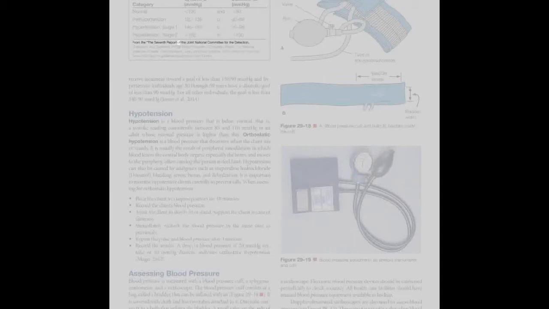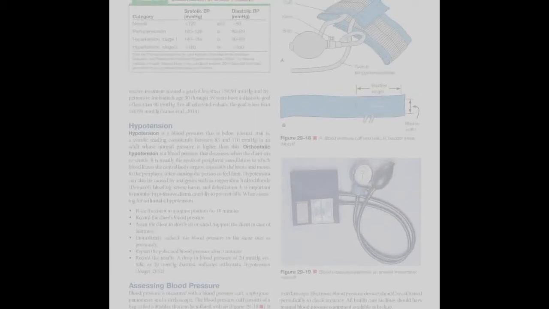From the 7th report of the Joint National Committee for the Detection, Evaluation, and Treatment of High Blood Pressure, complete report by National Institutes of Health, National Heart, Lung, and Blood Institute, 2004. Table 29-4, Classification of blood pressure.